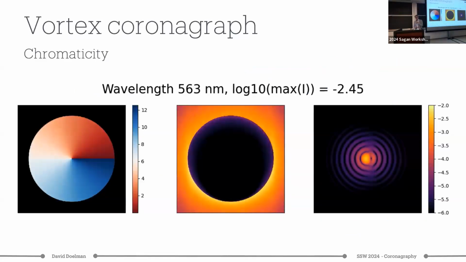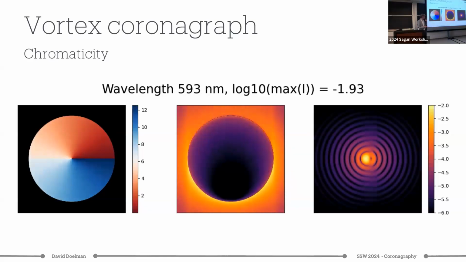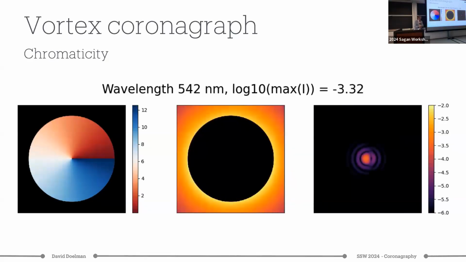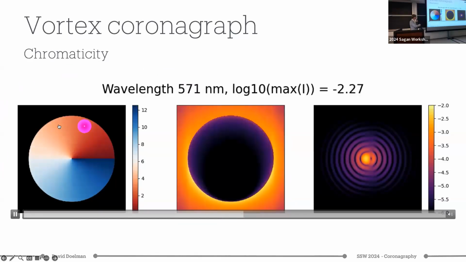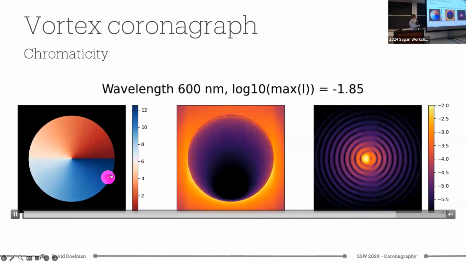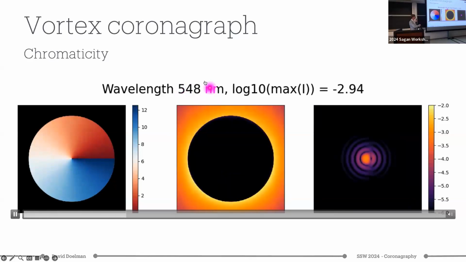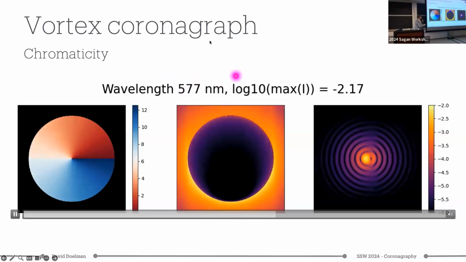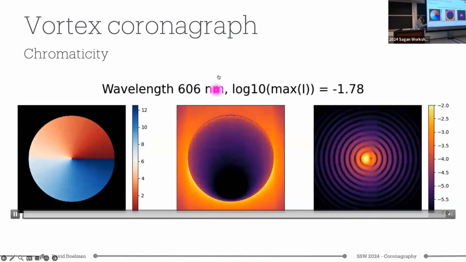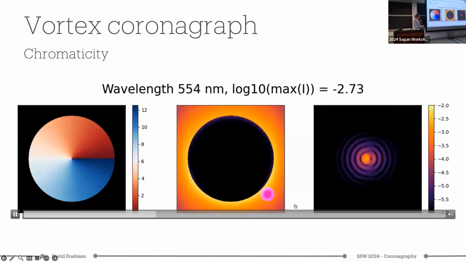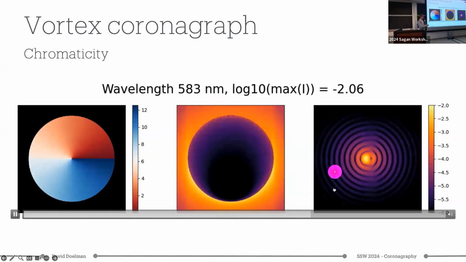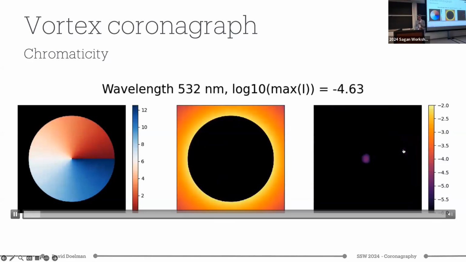Now here, I finally go into the chromaticity of these phase masks. If we change the wavelength only a little bit, the optical path length is the same, but divided by the wavelength, the phase will change a little bit. We can see that our coronagraph starts to perform worse and worse.